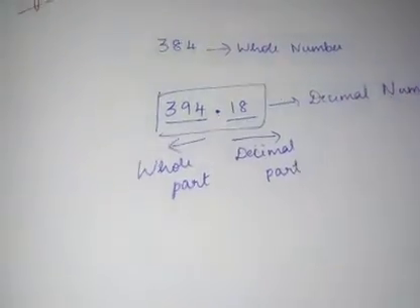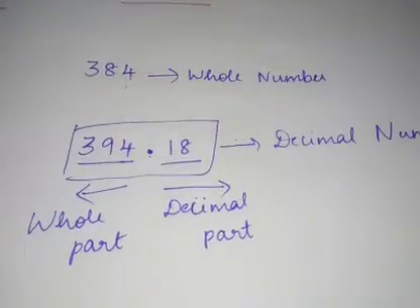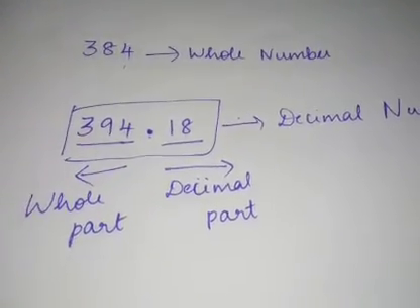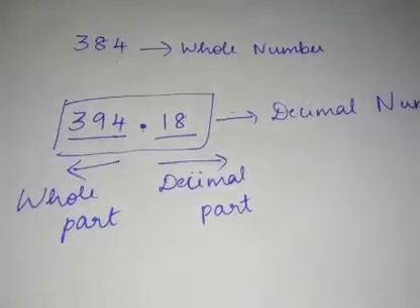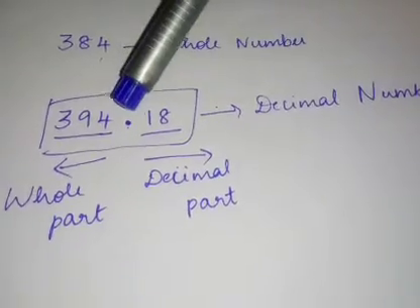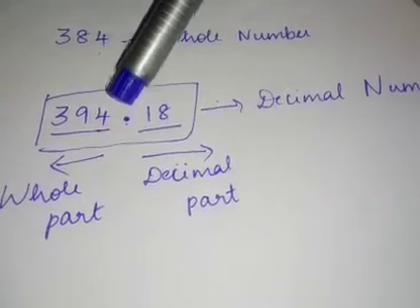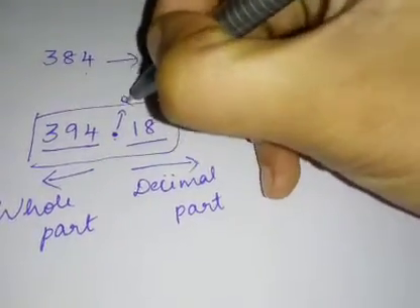So actually, for a decimal number, there are two parts, children. What are those parts? Whole part and decimal part. And in between the whole part and the decimal part, we have a decimal point.